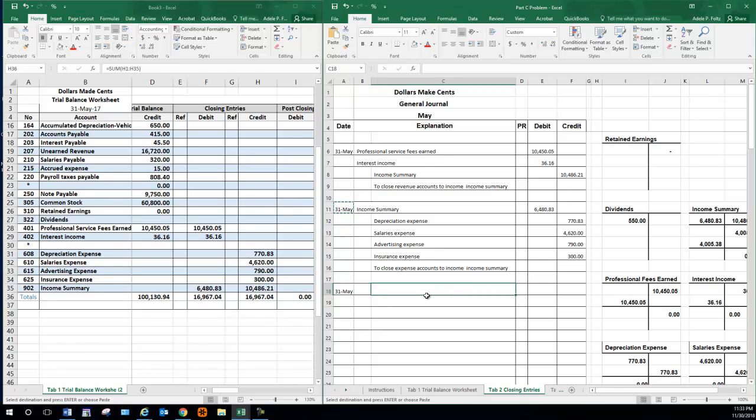So we were debiting income summary. Whoops, that's not my debit column. Here's my debit column. So we're going to debit income summary for $4,005.38. And our credit is going to be to retained earnings. So we're going to credit retained earnings 4,005.38.